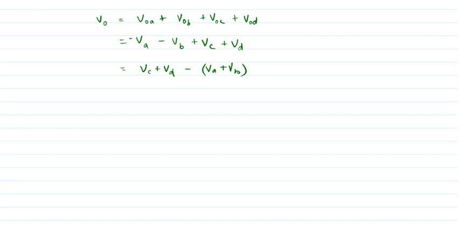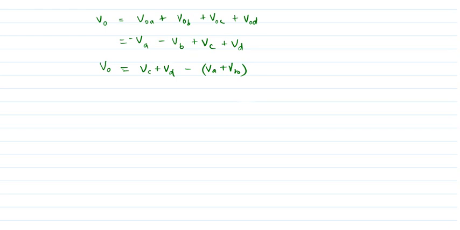So in the case of differential configuration summing amplifier, the output voltage of the summing amplifier is equal to the sum of the inputs into the non-inverting terminal minus the sum of the inputs into the inverting terminal.